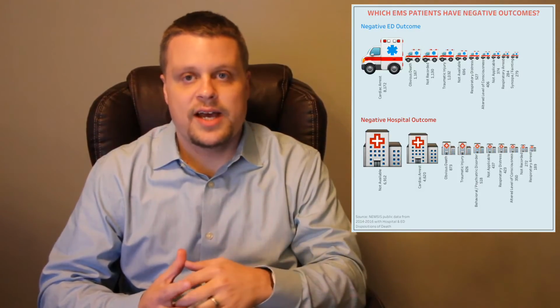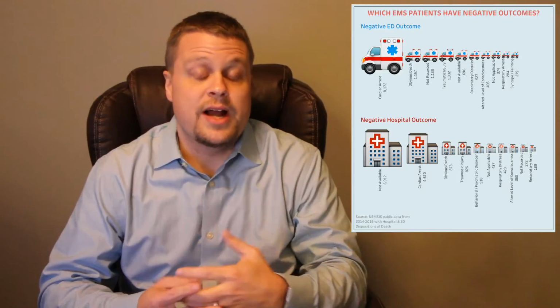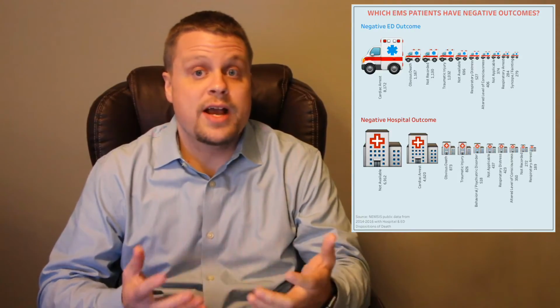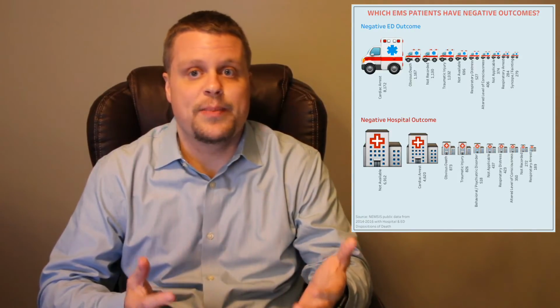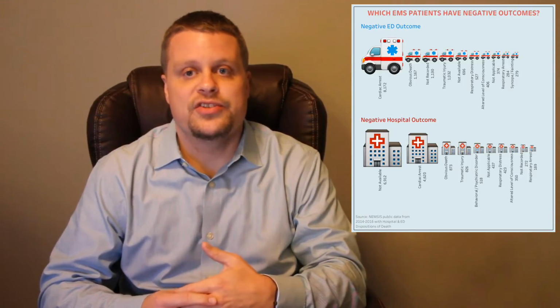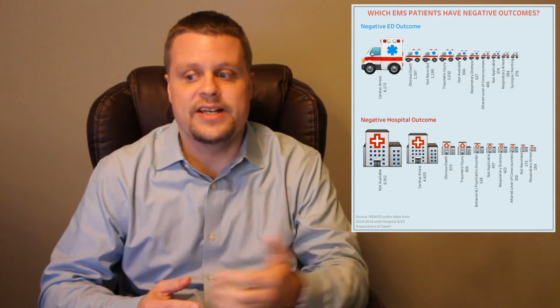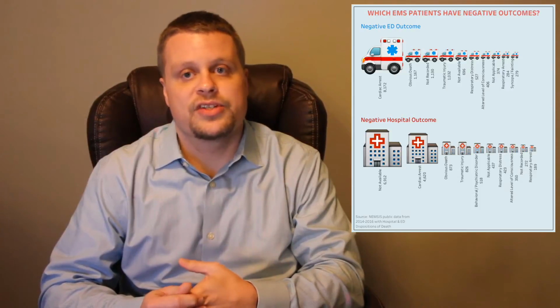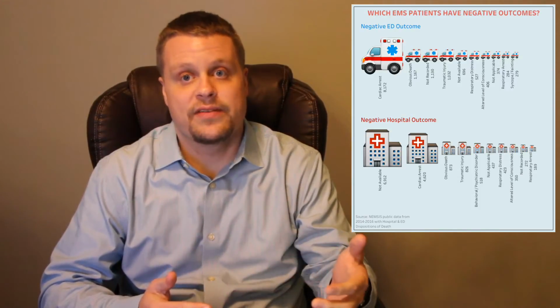So with that being said, there was something that I would expect, which is that cardiac arrest did lead the pack as far as the types of patients that expired inside of the ED, and they were up there as far as the types of patients that later on did expire inside of the hospital.